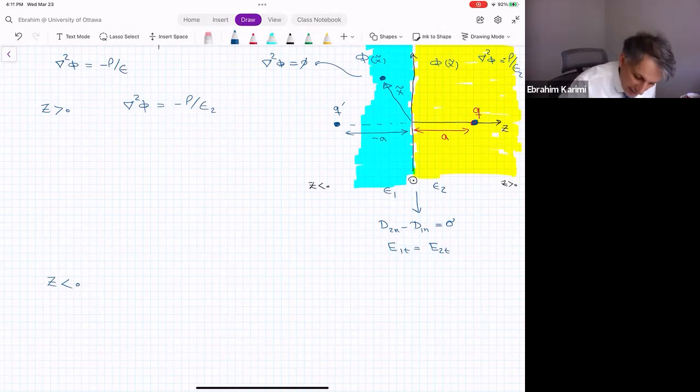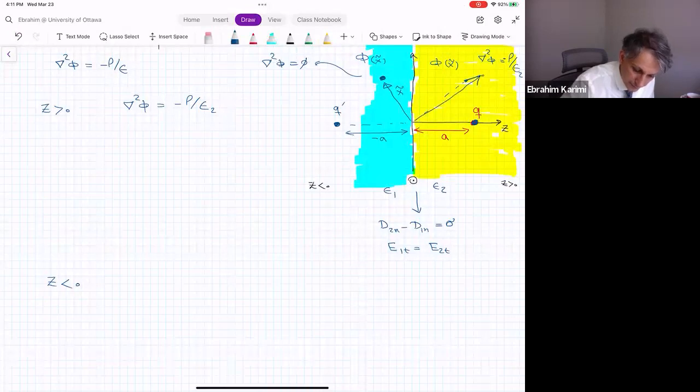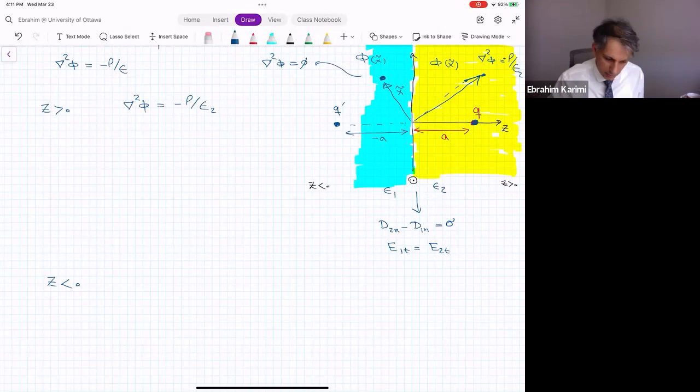Then at this place, what do you expect? At this place I have a charge of q, which is located at distance of a. So I have to do the mathematics and find out the distance between these two.